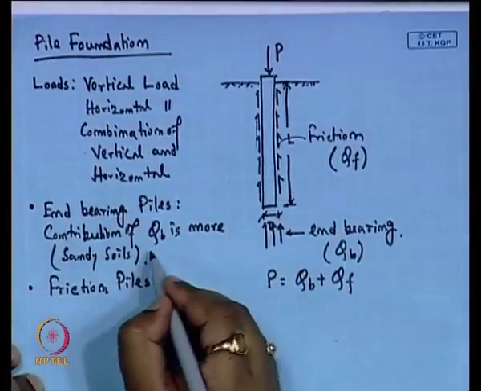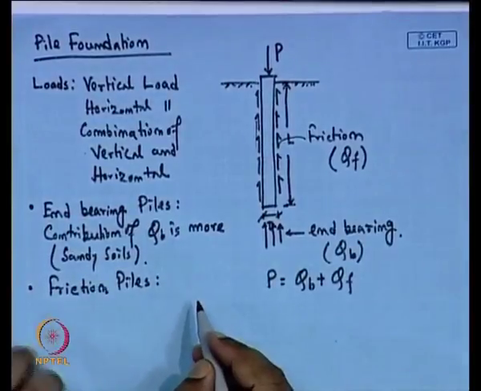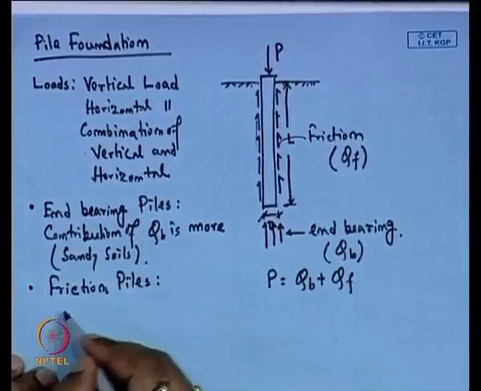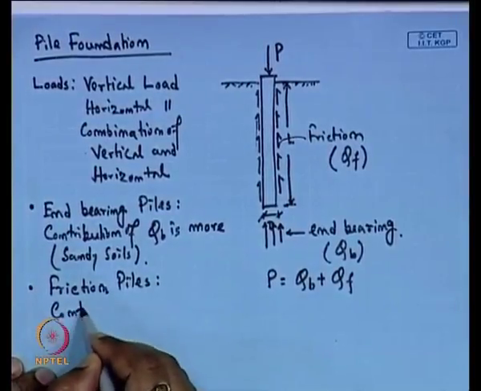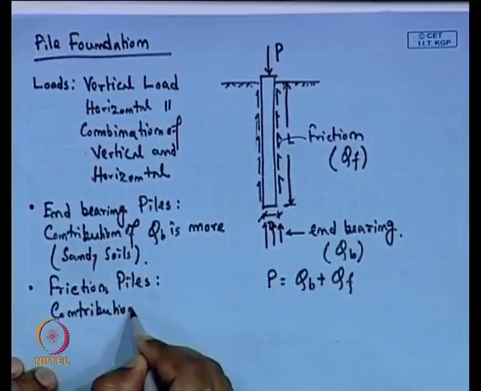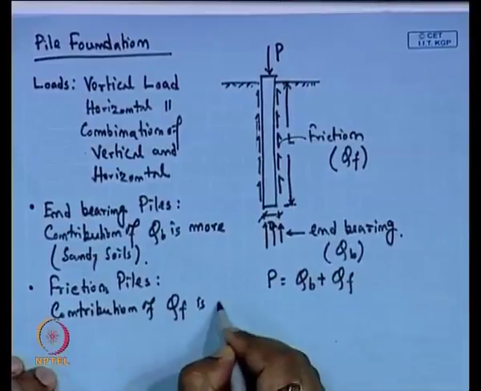So, sandy soil or the poor soil, that type of contribution is more the bearing. In the friction pile, the contribution of Q F is more.